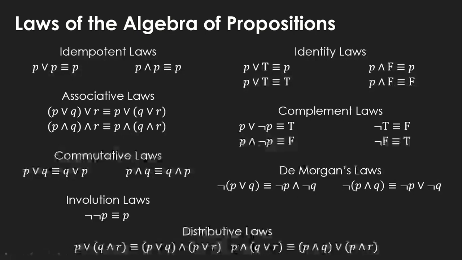De Morgan's law is not only used here, but we will be encountering it in other parts, in set theory in particular. De Morgan's law demonstrates how the negation of a compound statement will result to its reverse or its converse. We will be showing you an example later using De Morgan's law.